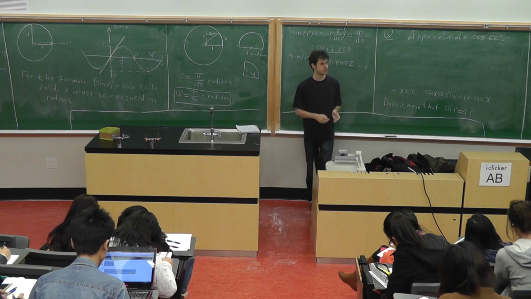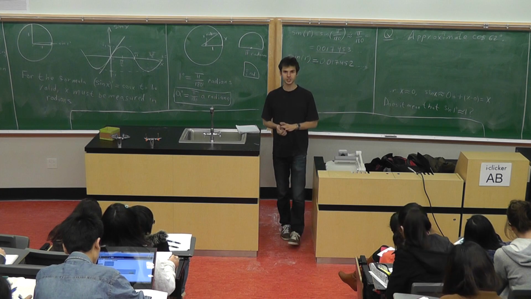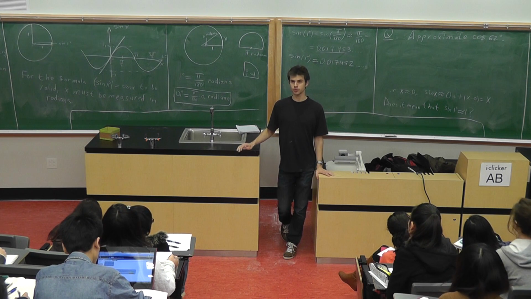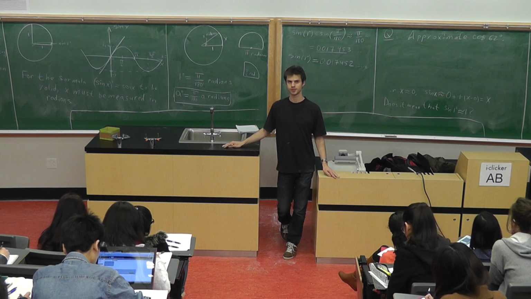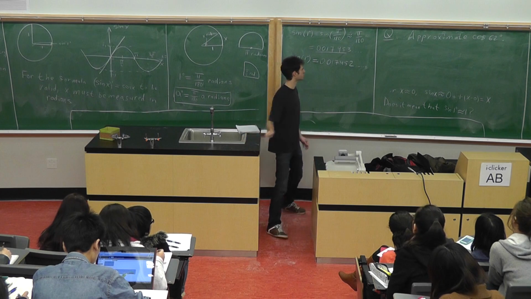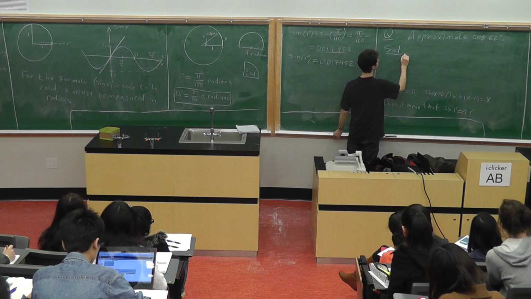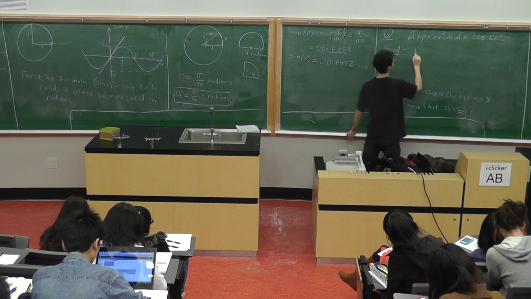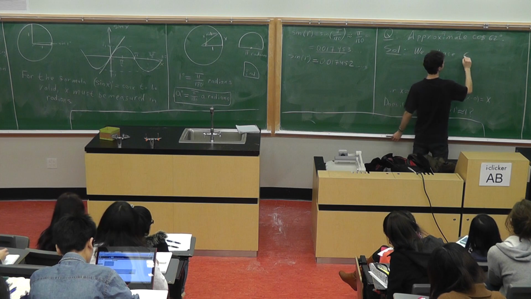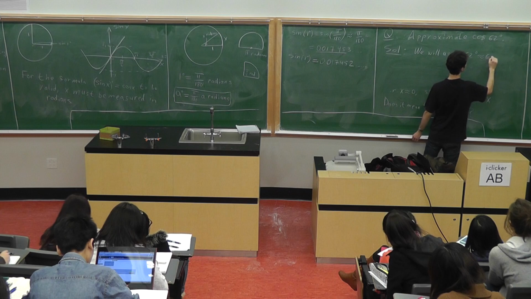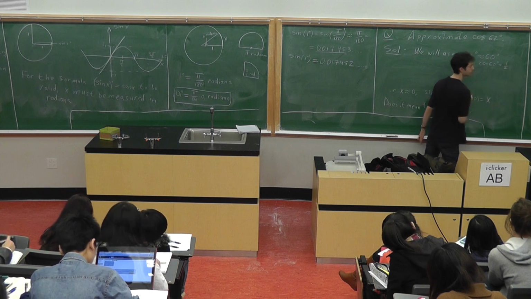Okay, so I want to approximate cosine of 62 degrees. First question is, I want to find a nearby value for which I can compute the cosine. 60, yes. So I do know what is cosine of 60 degrees. So we will use that 62 degrees is about 60 degrees, and cosine of 60 degrees, well, we know what it is, it's 1/2.